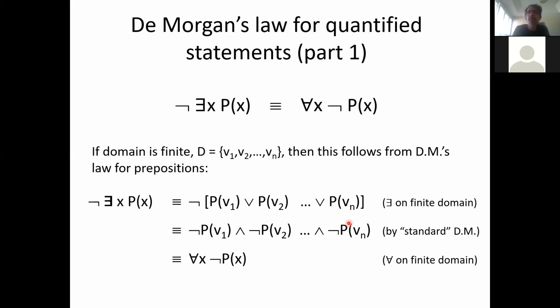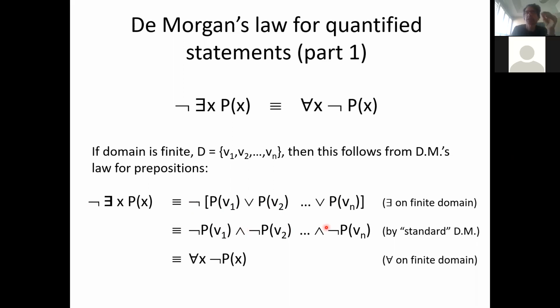Here is one way that you can see it. If you assume a finite domain, or in a more general way, any enumerable domain, then to say that the existential statement there exists x P(x) is false is the same as to say that the following is false: P holds either on v1 or on v2 or on all elements in the domain. Now use the standard De Morgan law. A negation of a big disjunction is the same as a conjunction of negated components.